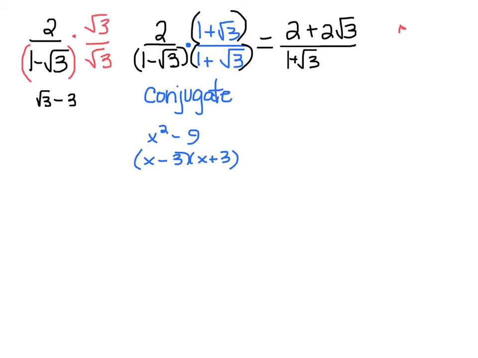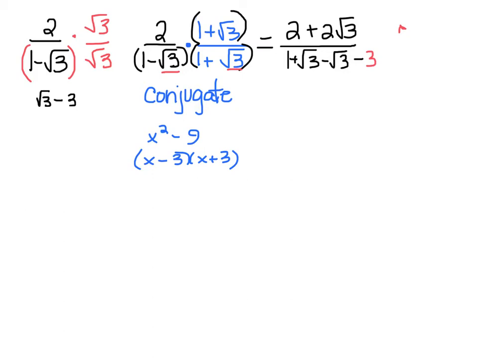Then I'm going to move to the next term, and multiply negative 3 times 1 and negative radical 3 times positive radical 3. A negative times a positive gives me a negative, and radical 3 times radical 3 gives me 3. Let's do the shortcut. You could go to radical 9, but that would just give me 3.